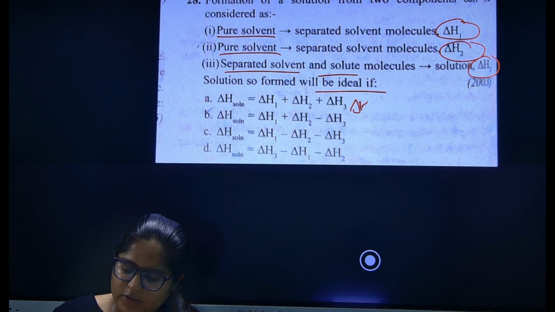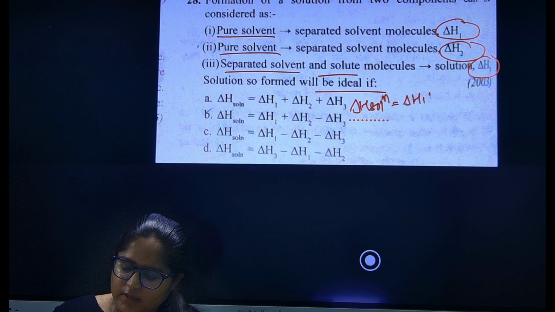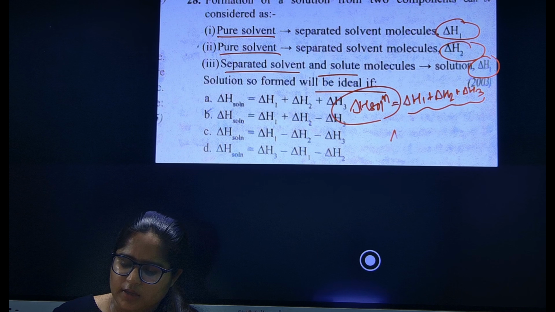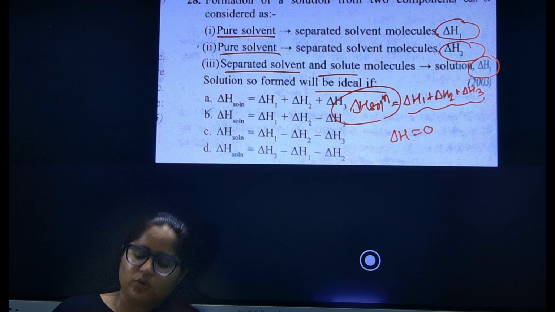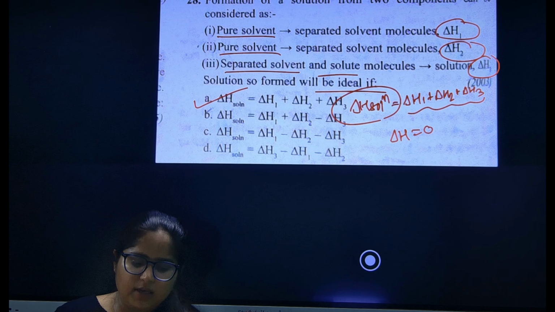So delta H of solution will be equal to the sum of whatever they have given: delta H1 plus delta H2 plus delta H3. When you add all these three, it should be equal to this. Then only delta H will become 0. So which option? Option number A will be the right answer.